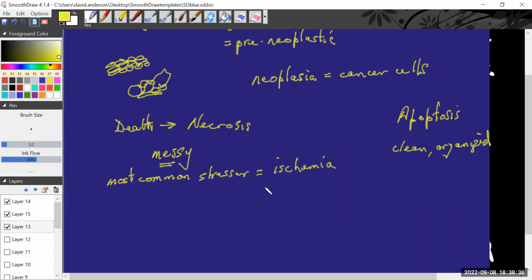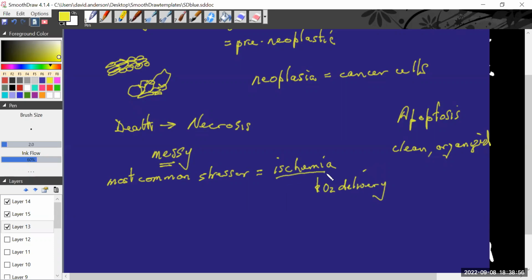Ischemia means decreased oxygen delivery to that cell, or more often, a group of cells. It's a fancy word that tells you that cell's not getting enough oxygen.